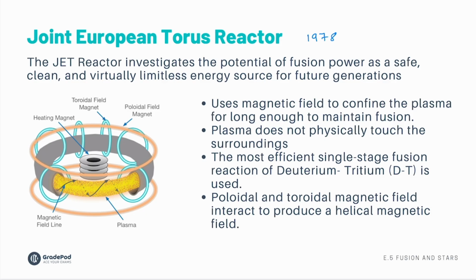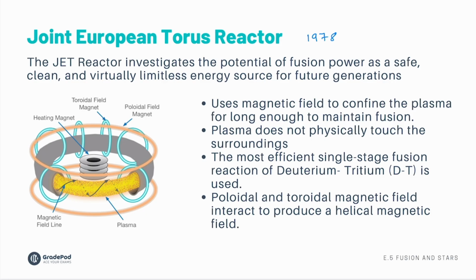It uses magnetic fields to confine plasma long enough to maintain fusion. By using magnetic fields, it means the plasma doesn't physically touch any surroundings. Because you can imagine if plasma is contained within a metal box, that metal box is simply going to melt. So magnetic fields are used to contain the plasma.